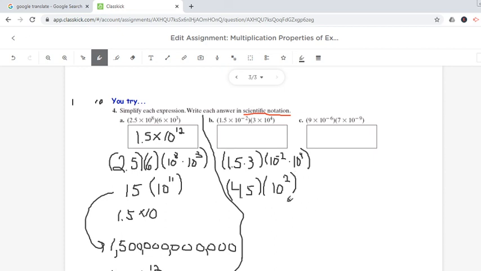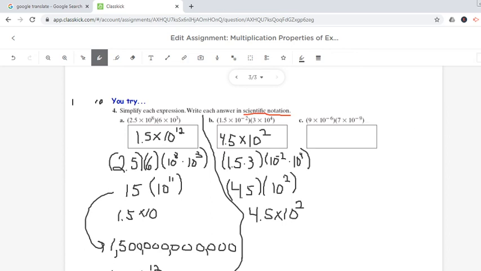And so this is already in scientific notation. It's 4.5 times 10 squared. So we'll put it up here. 4.5 times 10 squared. See, 4.5 is between 1 and 10.